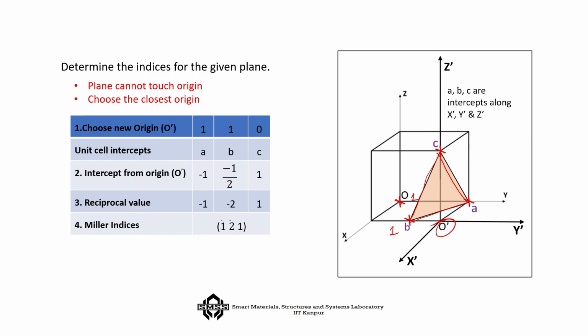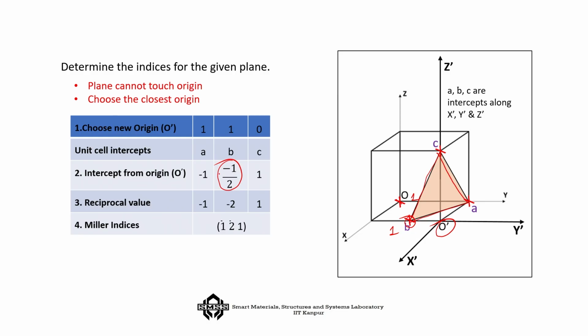Now, you are already able to find the unit cell intercepts A, B and C. So, you have to find the intercepts from the origin O prime. Now, this time you see that with respect to O prime, you are going negative in the y direction by half the distance. So, it is minus half, and then you have minus 1 for the x direction. So, you are going negative in this way.